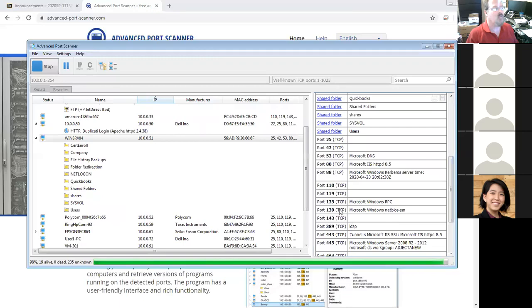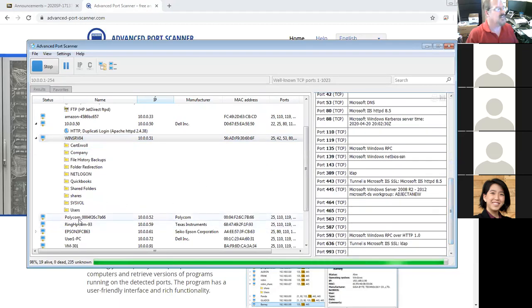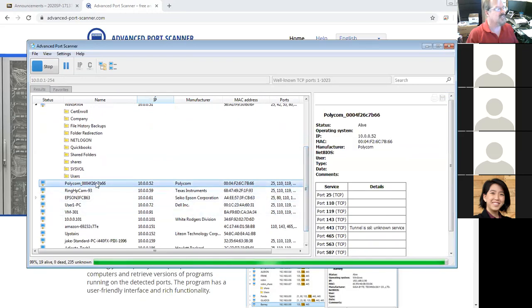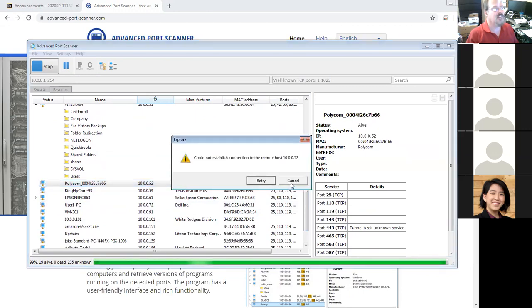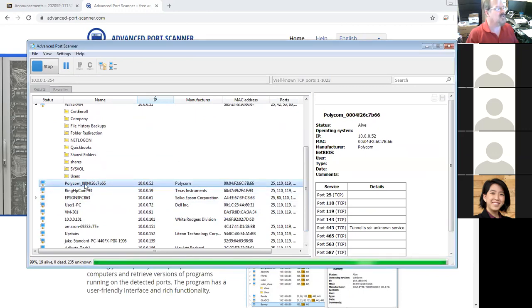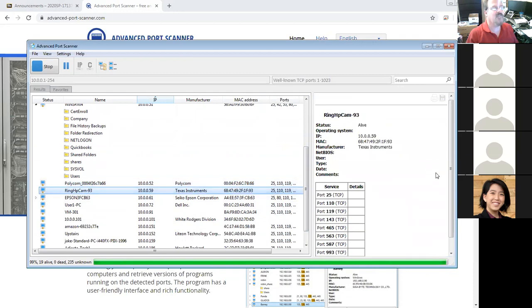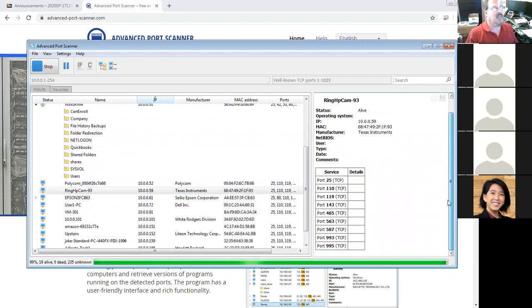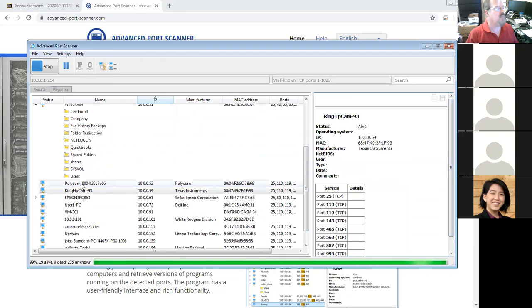Here's all the different port numbers, by the way, that it's using. There is a phone. It tells me if I want to log into that phone, I should be able to log into that phone, maybe on port 80.